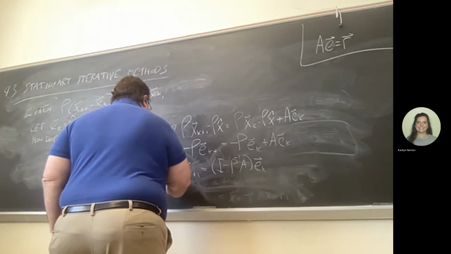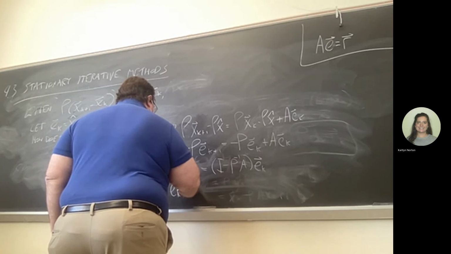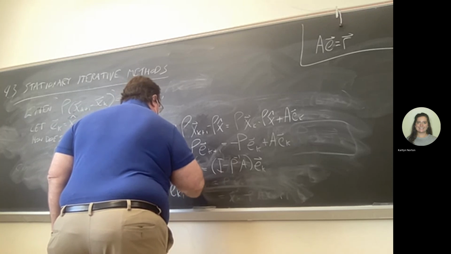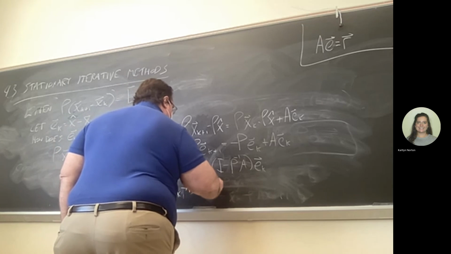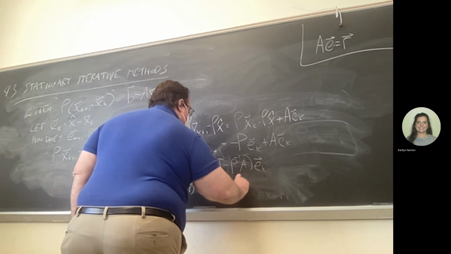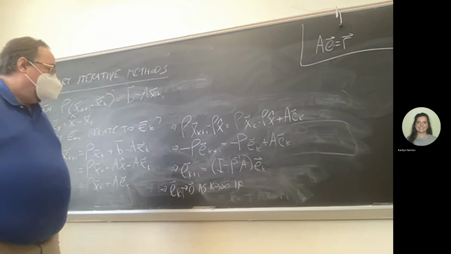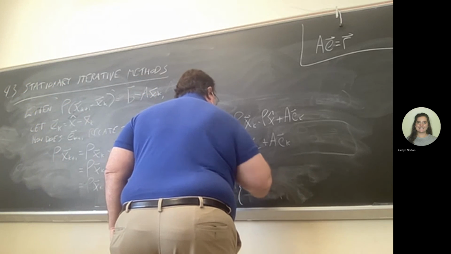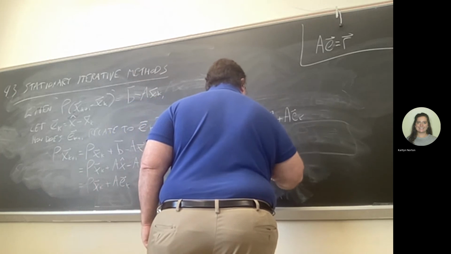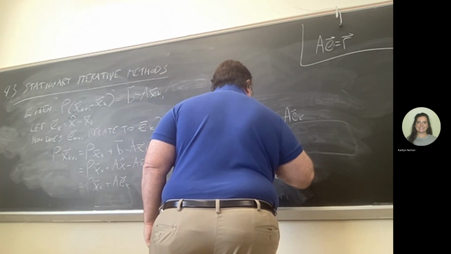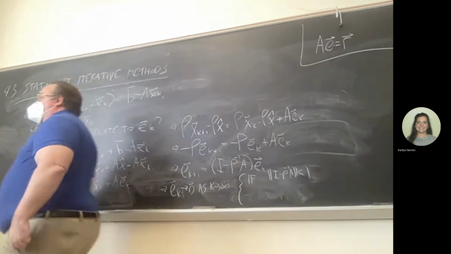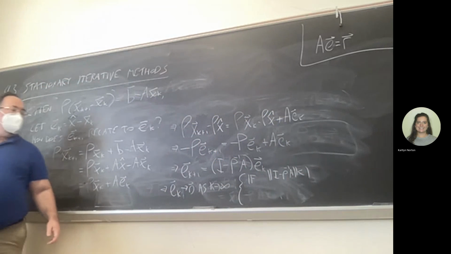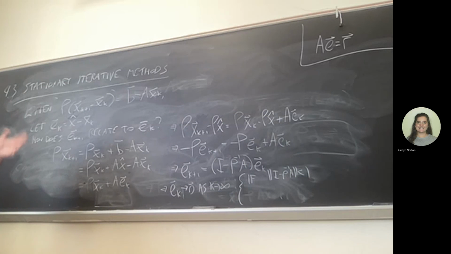I won't get into all the details here, but ek goes to 0 as k goes to infinity if, and there's actually two conditions that I can give, the norm of identity minus P inverse A is less than 1. If it's some norm, whether it's one norm or infinity norm or two norm, if you can show any norm of that matrix is less than 1, that is sufficient, the error will go to 0.